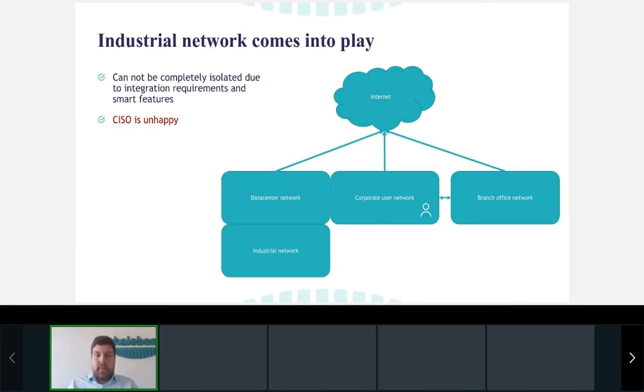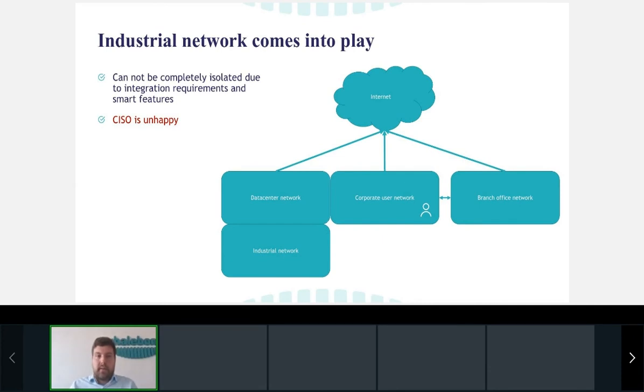And it can get even more complicated with some special requirements. The company, for example, would like to set up an industrial network. Historically, this was something which was isolated, maybe even without connectivity to the internet or to the internal network. However, this is changing rapidly as even the industrial networks need to be integrated.